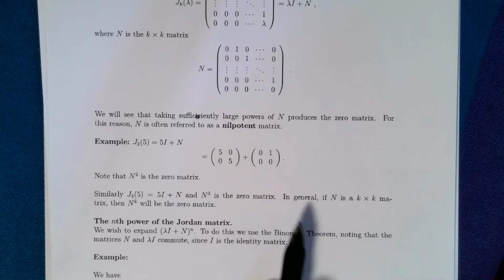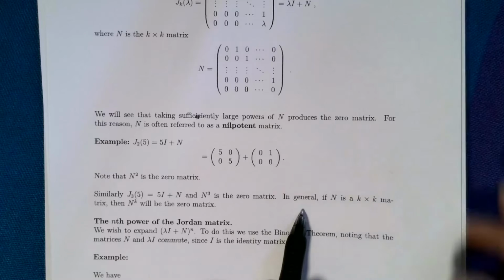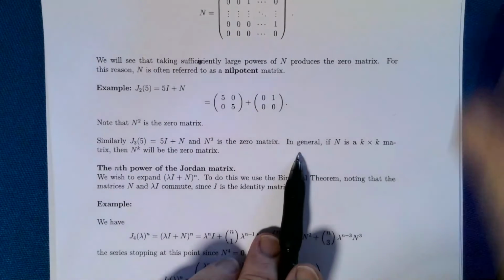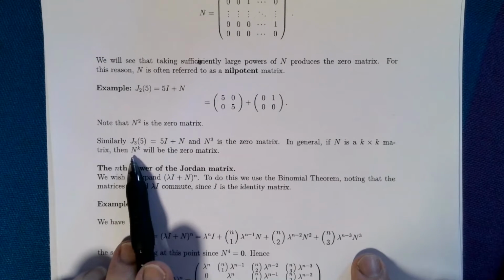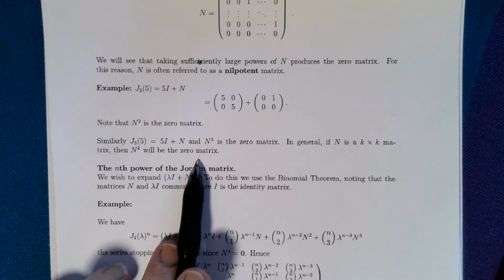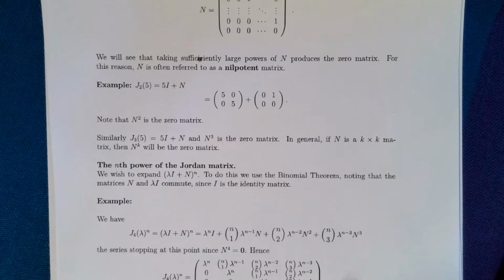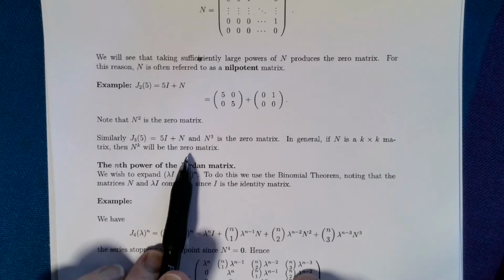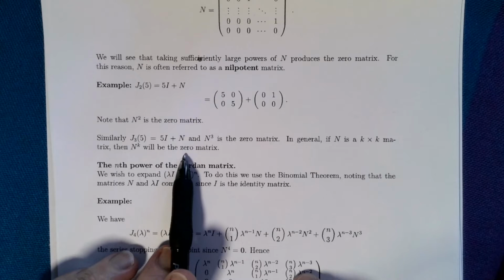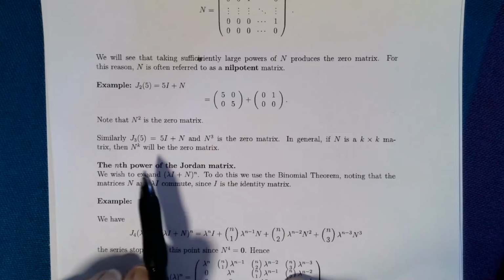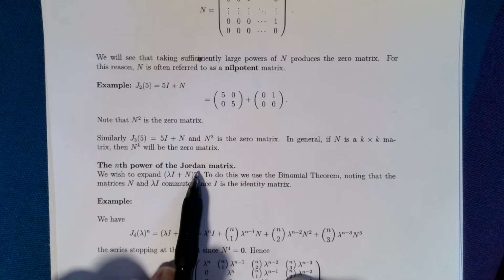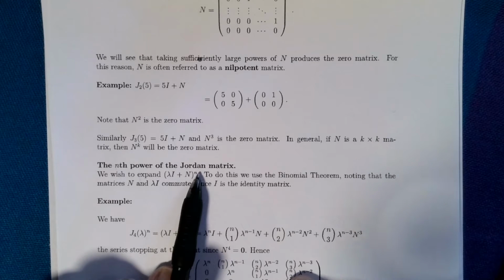So in general, if N is a k by k nilpotent matrix, then N to the k will be the zero matrix. So what we'd like now to do, we want to exploit this idea to find the nth power of a Jordan matrix. Just as we found easily the nth power of a diagonal matrix, we want to find the nth power of a Jordan matrix.